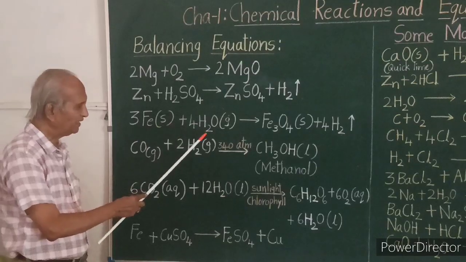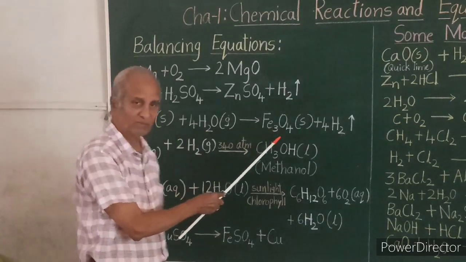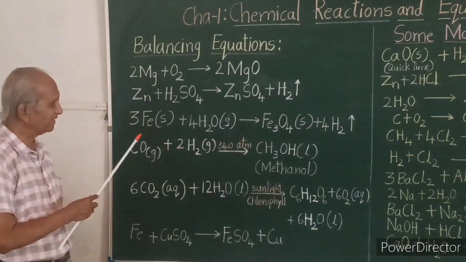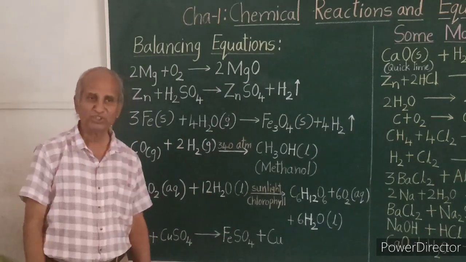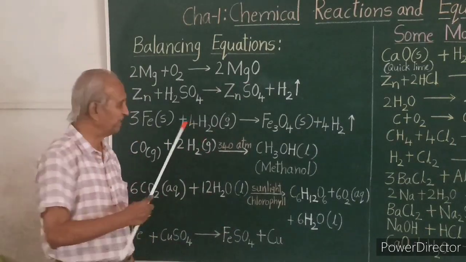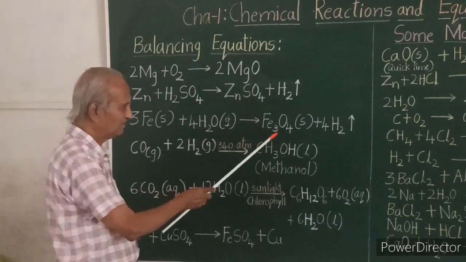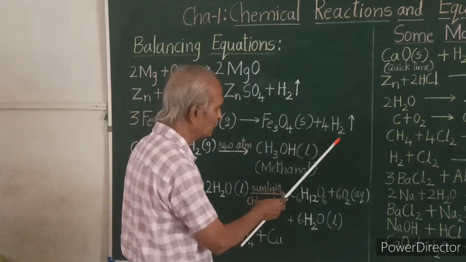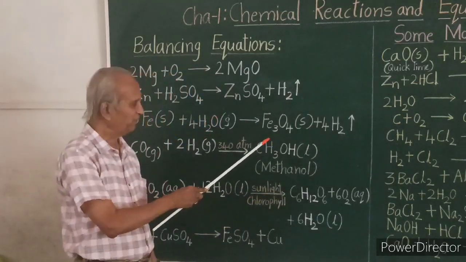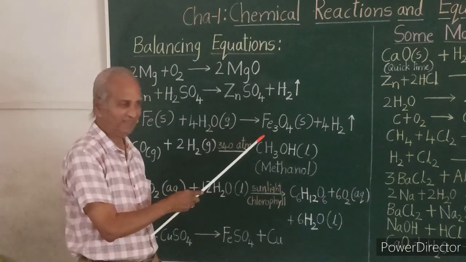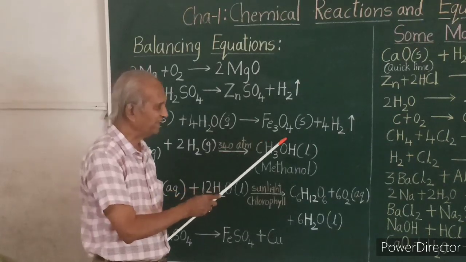So iron plus water gives you iron oxide plus hydrogen. Now let's see which one is the most complex compound here. Iron, no. Water, no. Here H2 symbol. We feel it is iron oxide, Fe3O4. Let us start here.